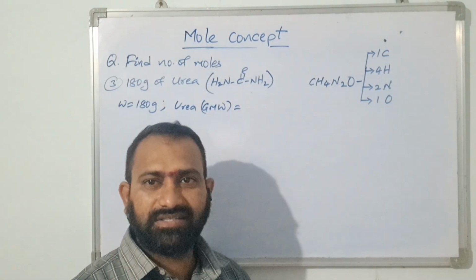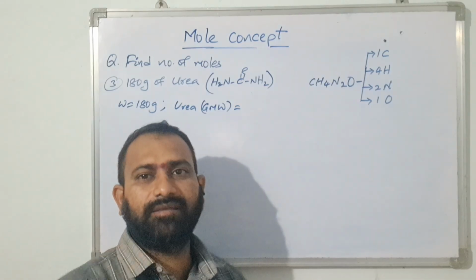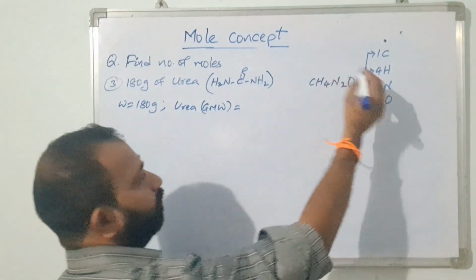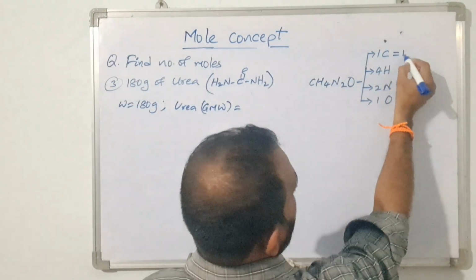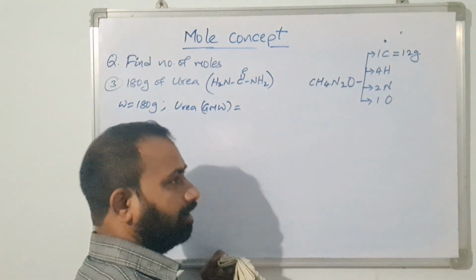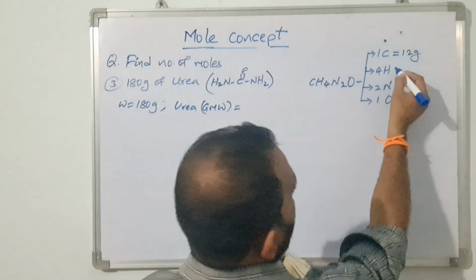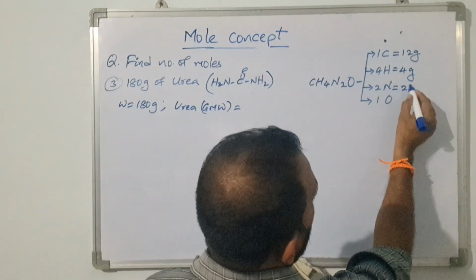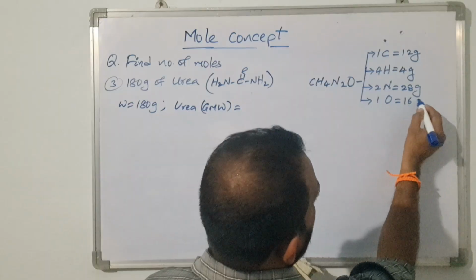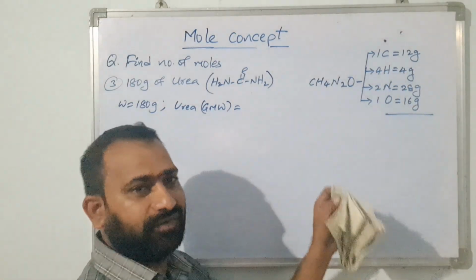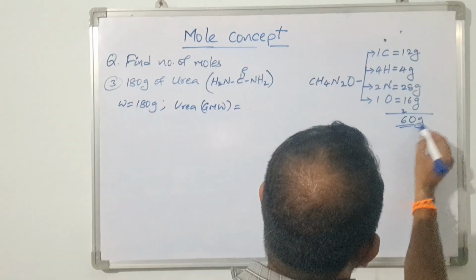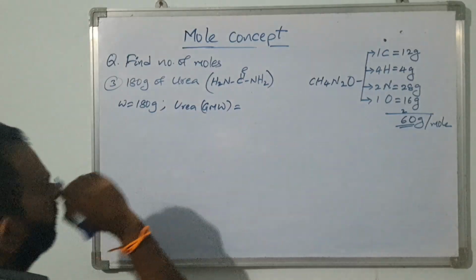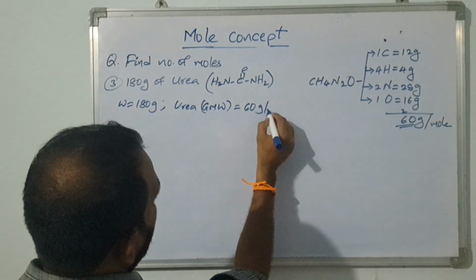Sum of atomic weights of atoms of all elements present in the molecule is equal to gram molecular weight. So here 1 carbon is there. Carbon gram atomic weight is 12 grams. Hydrogen 4 into 1, 4 grams. Nitrogen 2 into 14, 28 grams. Oxygen 1 into 16, 16 grams. So by adding these values we get 60. So urea gram molecular weight is 60 gram per mole.